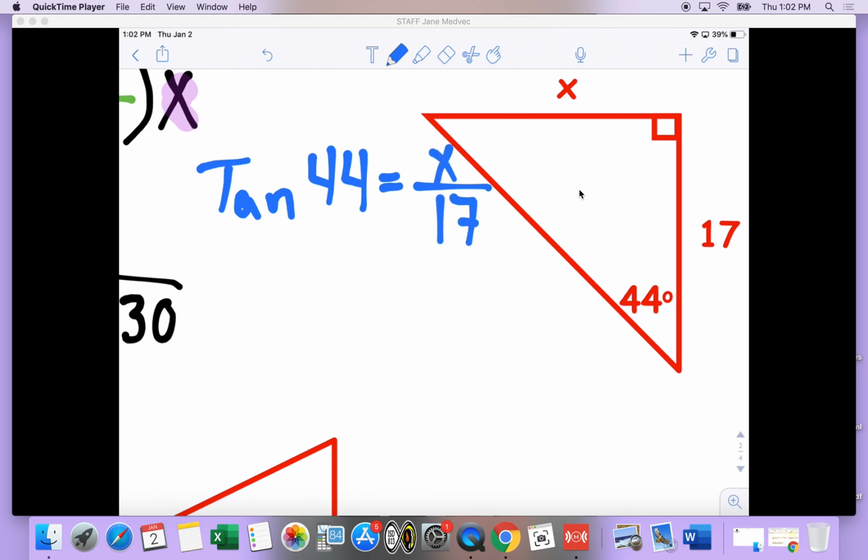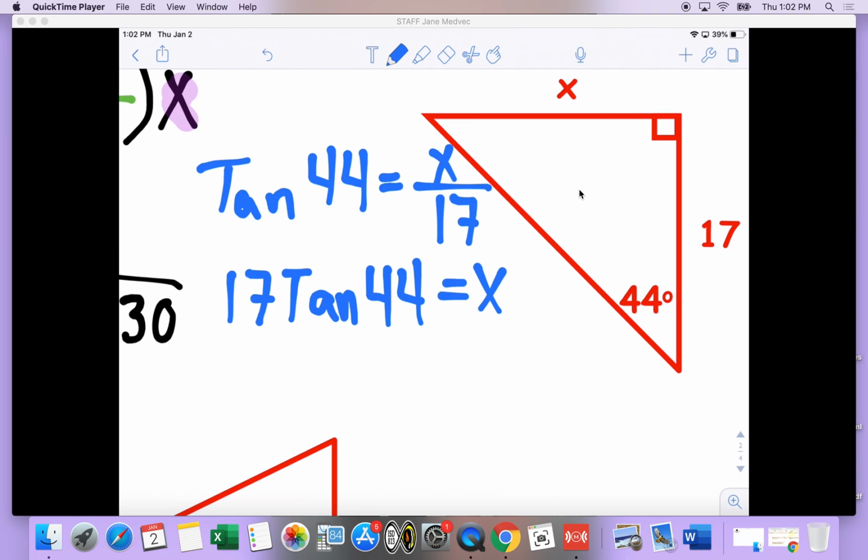Now, compared to the last problem, notice that the denominator is not X, is it? It's what? 17. So to get rid of the 17, I'm going to multiply by 17 on both sides. So you end up with 17 tangent 44, and that's what X equals. So everything you see there is what you would actually write down on your paper, because I want to see what you're putting in your calculator.